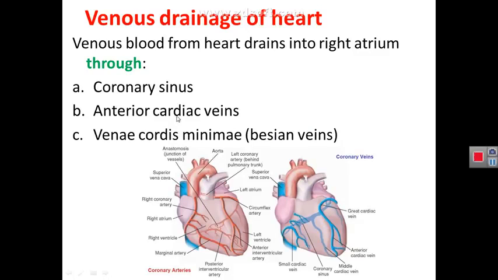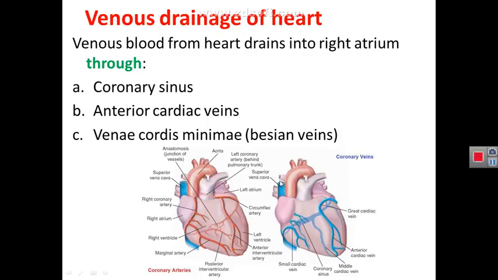But in addition to the coronary sinus, there are many veins that are called anterior cardiac veins, and these anterior cardiac veins drain directly into the right atrium.